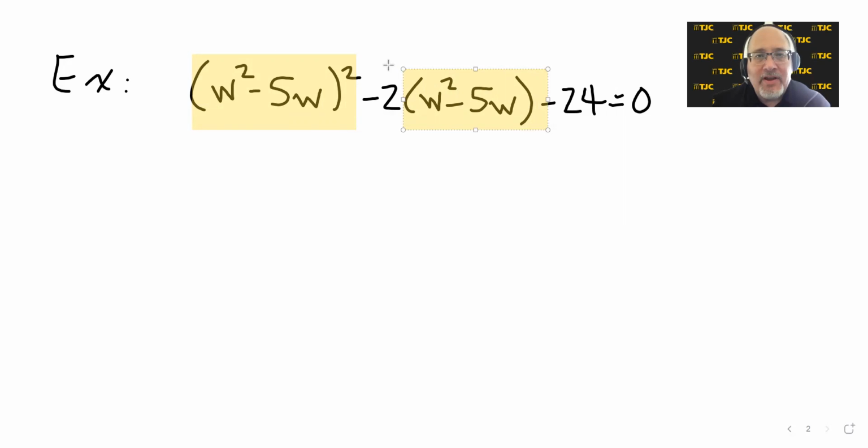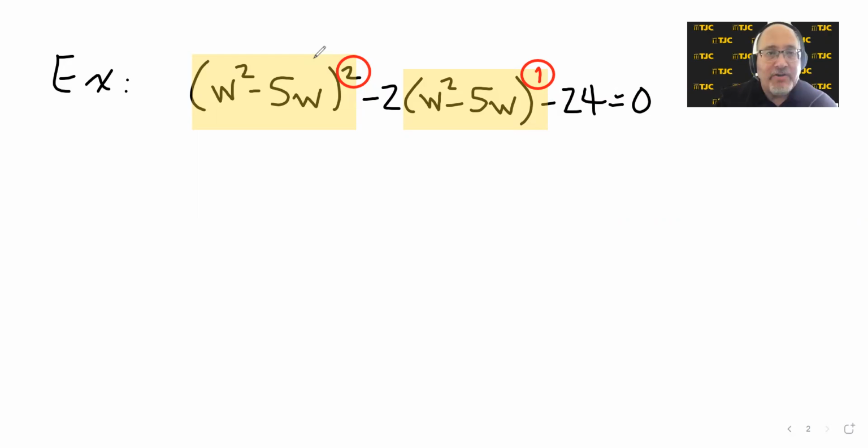The second power is here, which I'm about to circle in red, and the first power is implied right there. That's the criteria for being quadratic in form: same expression twice, once to two powers. One power is twice the other, the simplest of which is second power and first power. When this is the case, then you can make a substitution to change it to a legit quadratic equation.